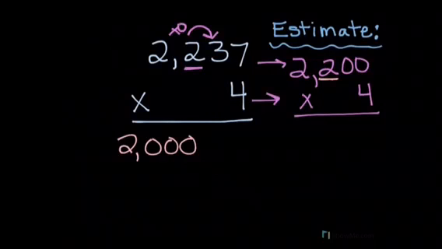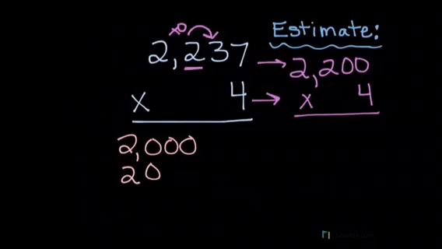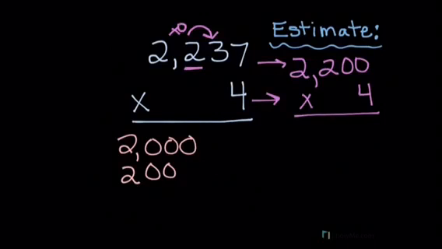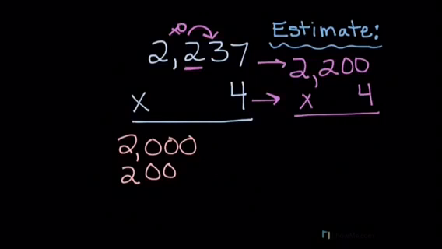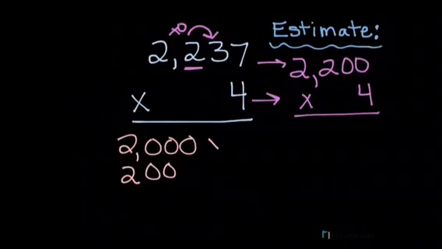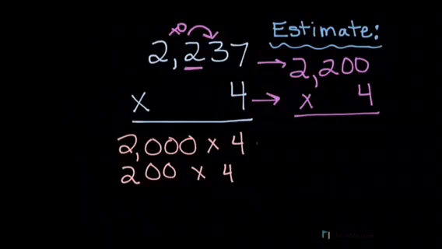Then I have another 2, but it's in the hundreds place, so it's 200. And then I have nothing here. So I'm going to take each of those numbers times 4.